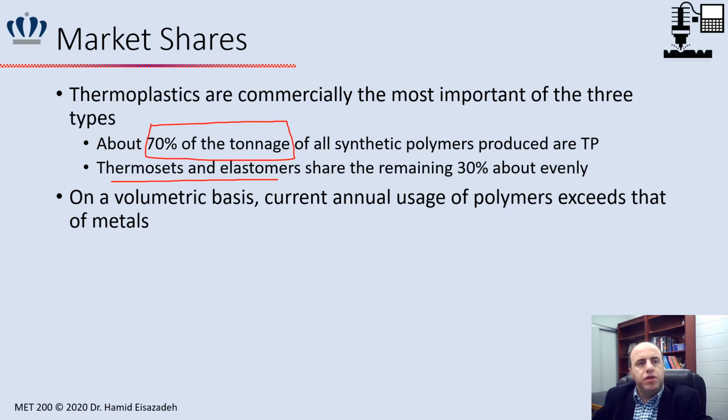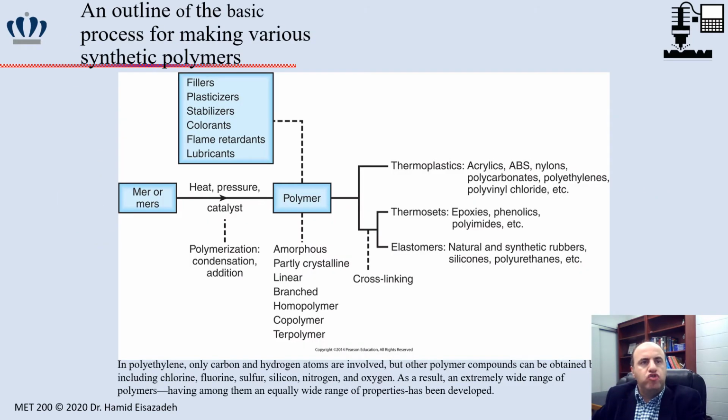On a volumetric basis, the current annual use of polymer is actually more than metal. This outline shows the basic process of making various synthetic polymers. Almost all polymers used in engineering applications are synthetic. They are made by chemical processing.